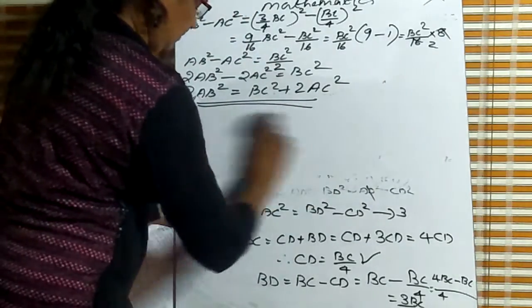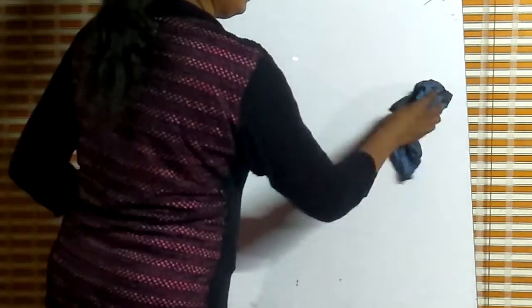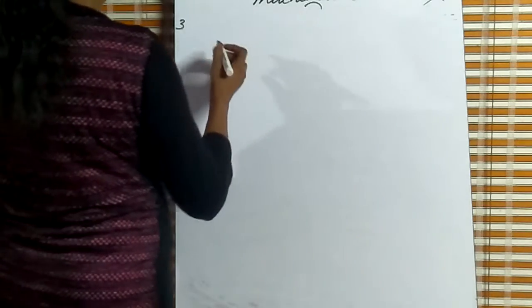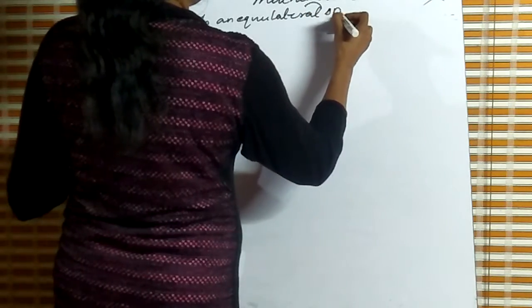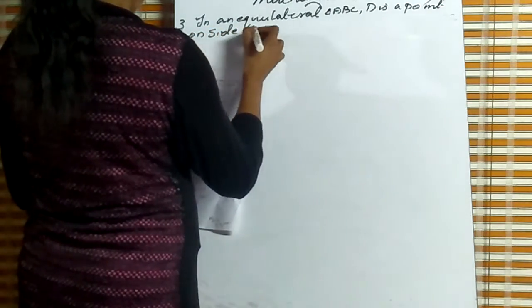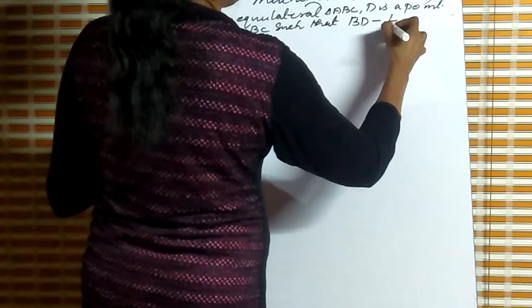Third question. In an equilateral triangle ABC, D is a point on side BC such that BD is 1 by 3 BC.